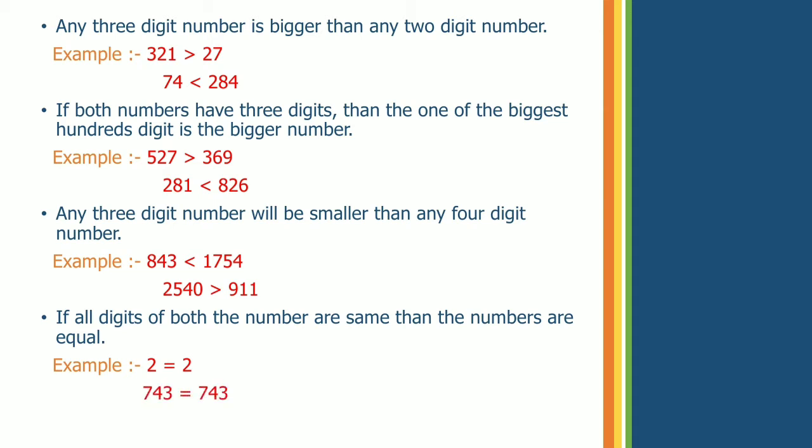Same way, 743 is equal to 743. 4539 is equal to 4539. So this symbol will open its mouth near the bigger number, and it will point to the smaller number.